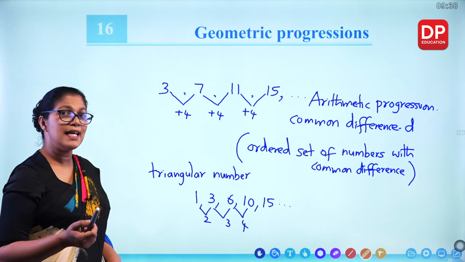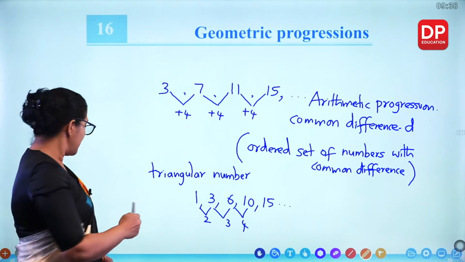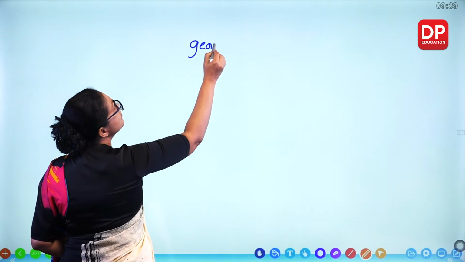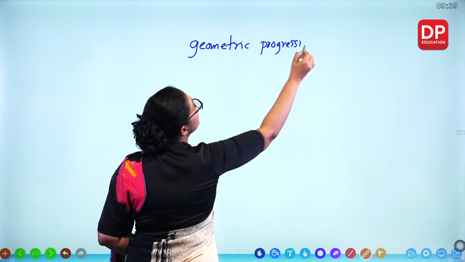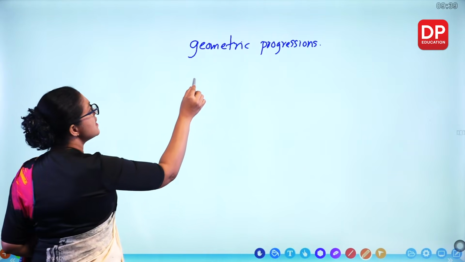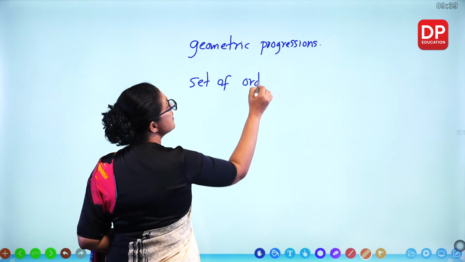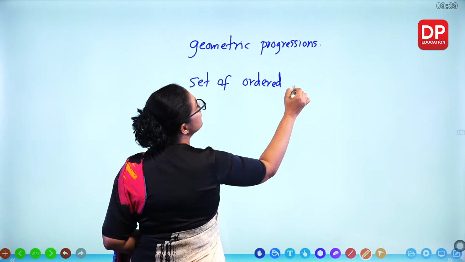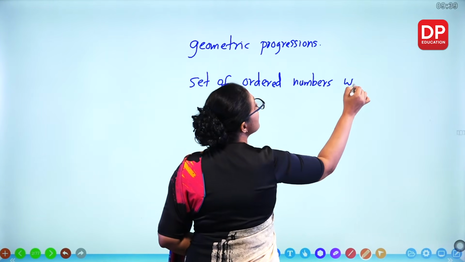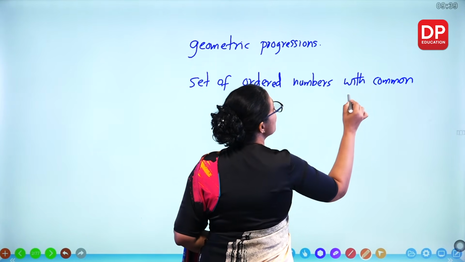Now we'll see what geometric progressions are. Geometric progressions are sets of ordered numbers with a common ratio.